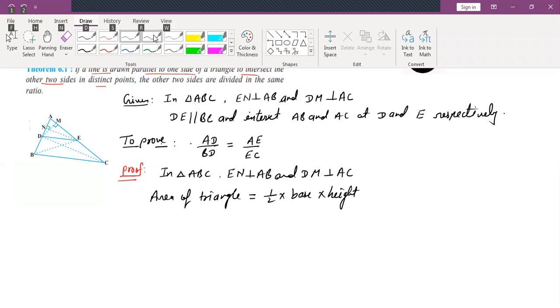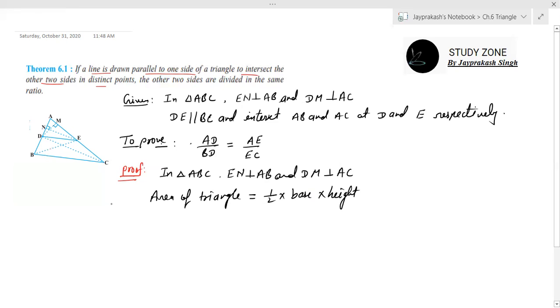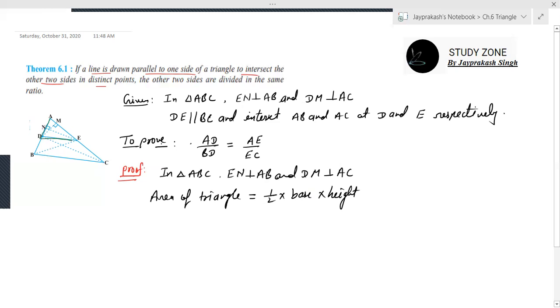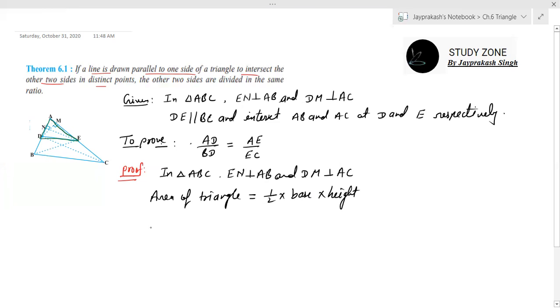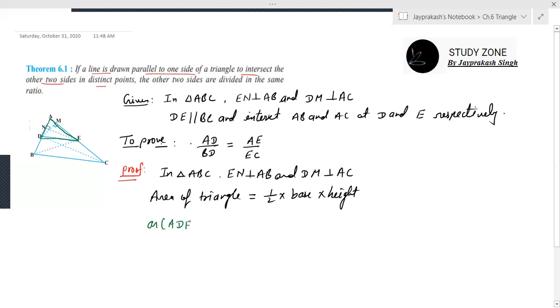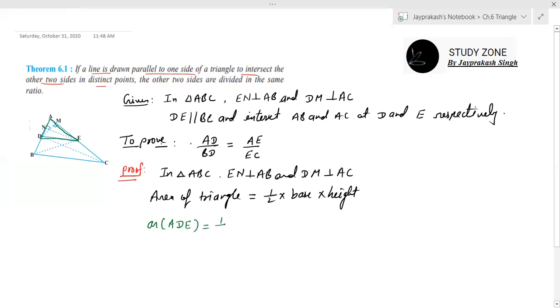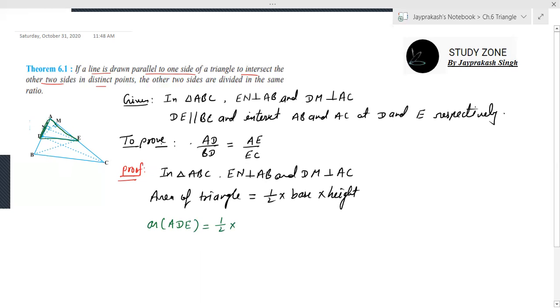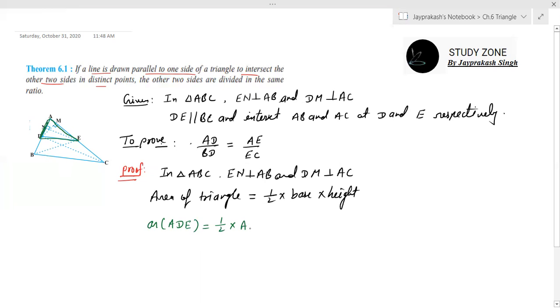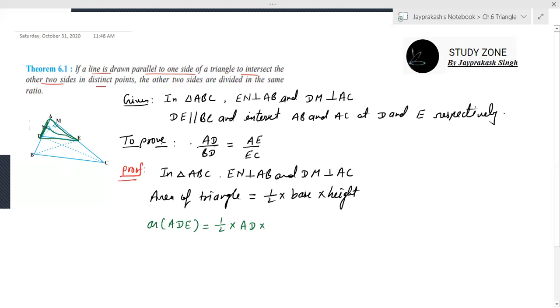So if you want to find the area of triangle ADE, this triangle, so for the area of triangle ADE, we can write half base. So we are taking this side as a base, AD, and the height on AD is from E to N, EN.